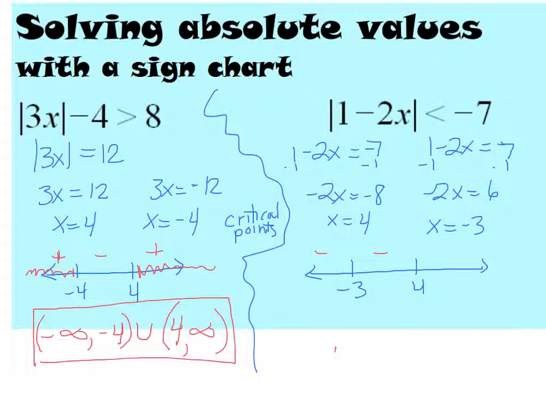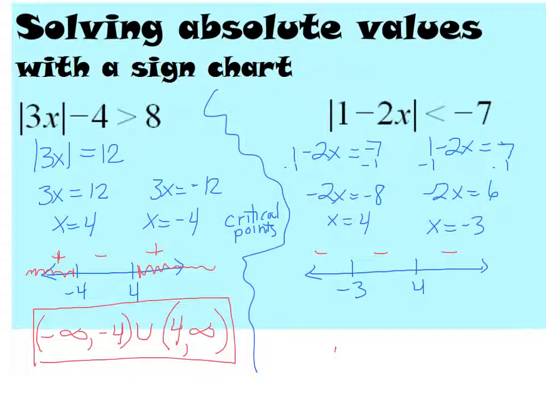Last one, let's try a number here. Let's put in 5. So if I put in a 5 here, that's going to end up being a 1 minus 10. That's negative 9. But then I have to do the absolute value, so now it's positive 9. And positive 9 is not going to be less than negative 7. That doesn't work either.